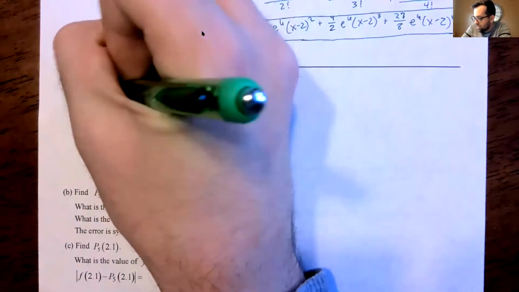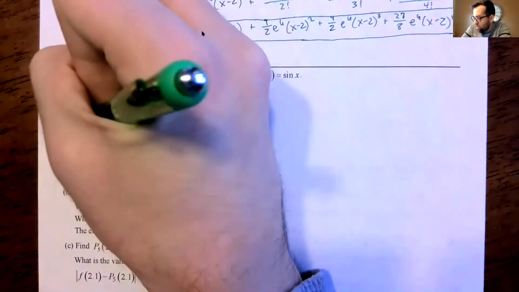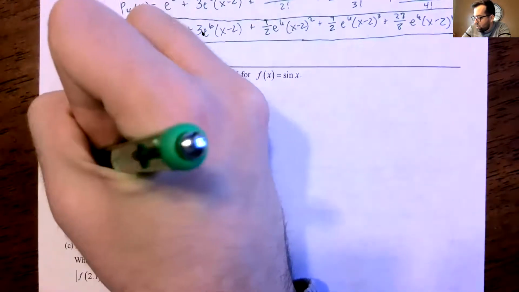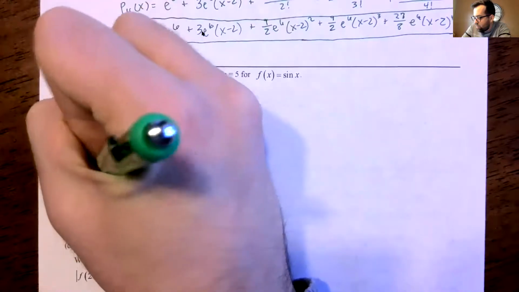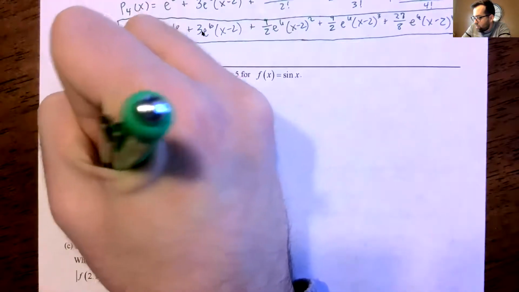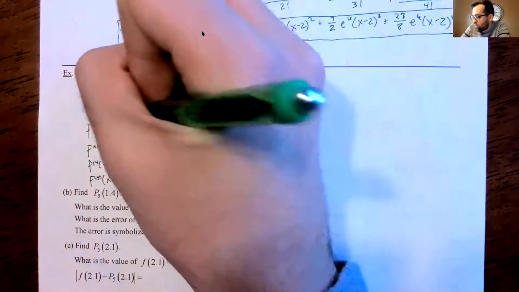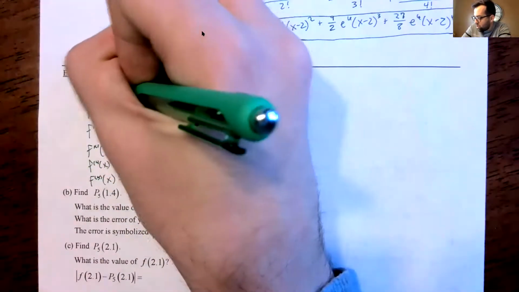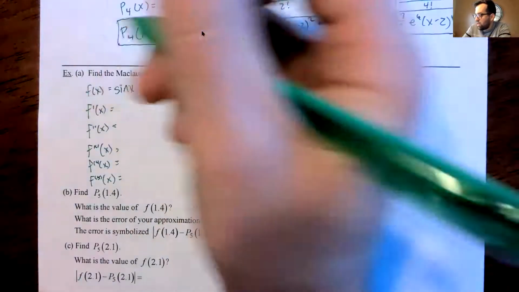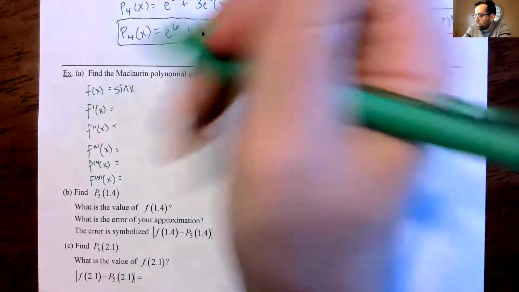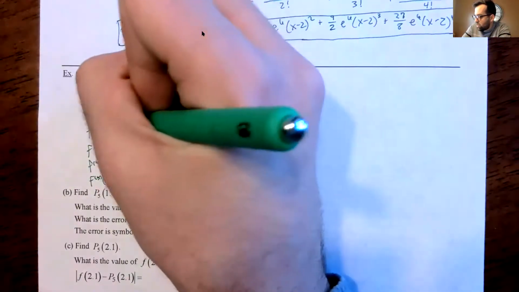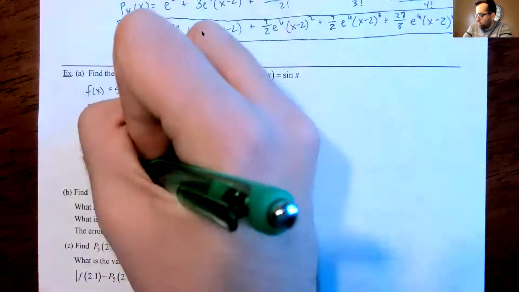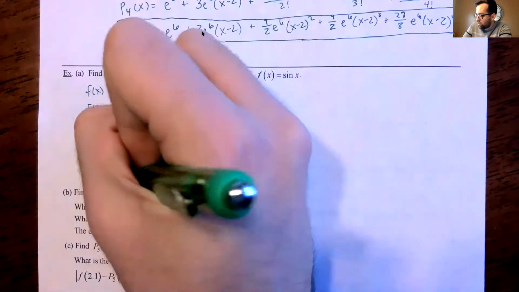I'll have f of x, f prime, f double prime, f triple prime, f fourth derivative, and f fifth derivative. And I know if I'm starting with sine, then I will have cosine, negative sine, negative cosine, back to sine, and then cosine.